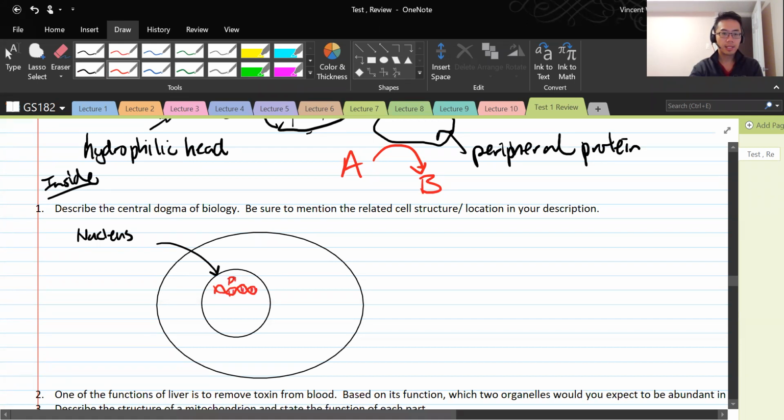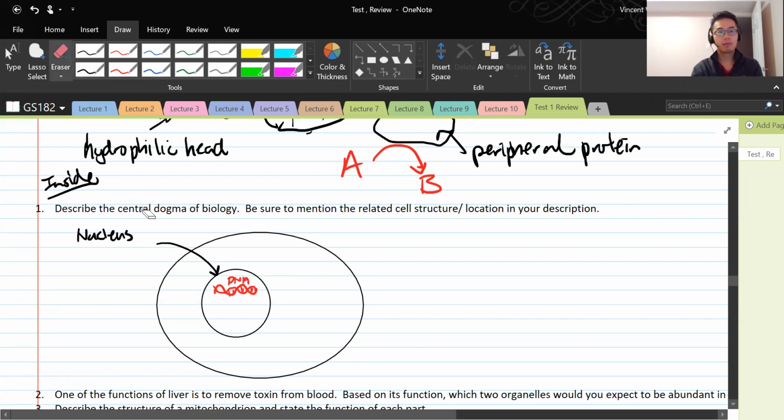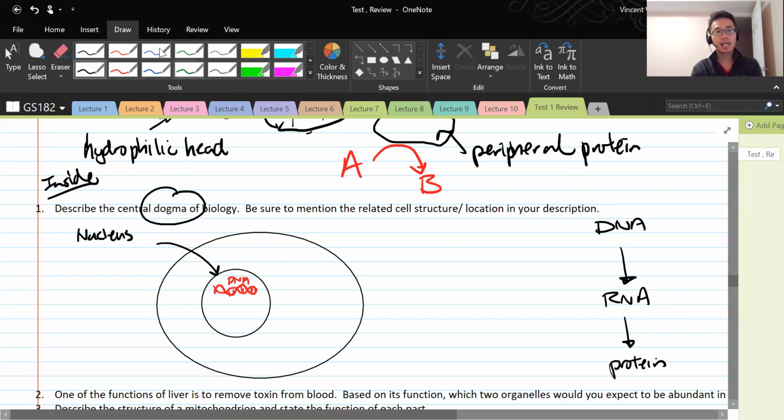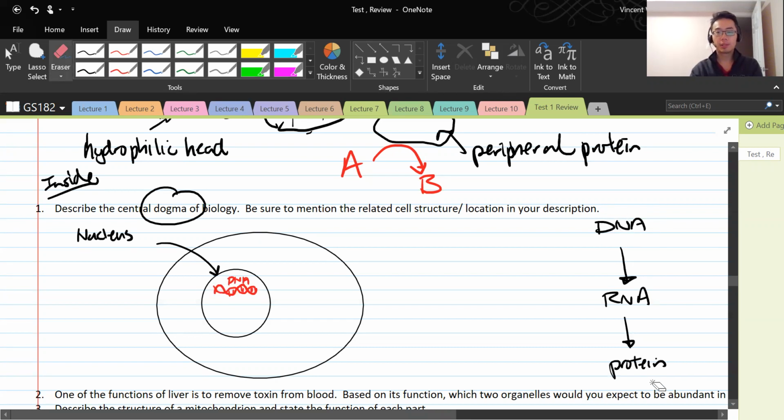The central dogma, the central idea, the central principle of biology, is that DNA goes to RNA goes to protein.